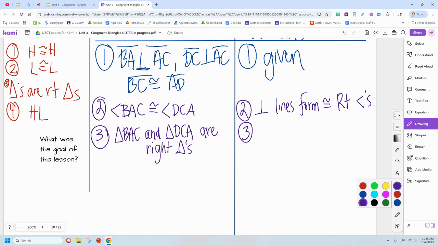So why are they right triangles? Well, they got right angles. Literally, that's it. A right triangle has a right angle.